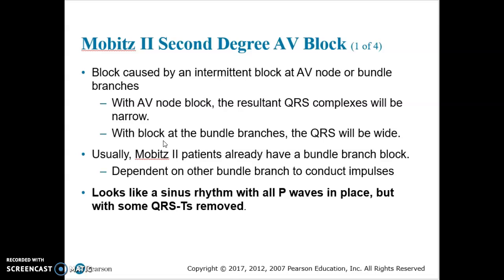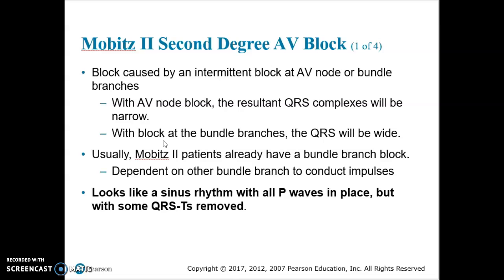Usually Mobitz 2 patients already have a bundle branch block, meaning this does not let the impulses get through, and it's dependent on the other bundle branch to conduct the impulses. If that second branch becomes blocked, then none of these impulses are going to get through.